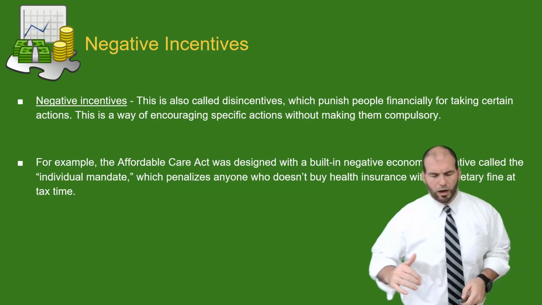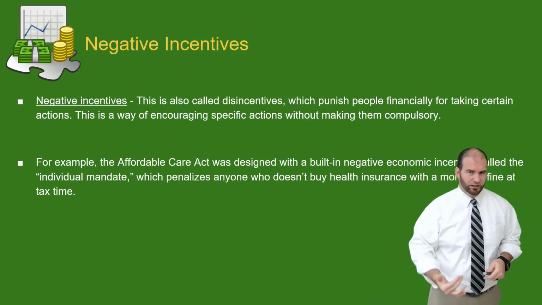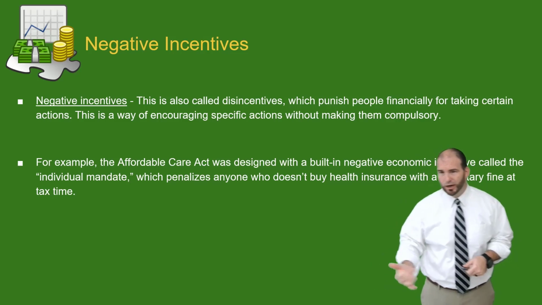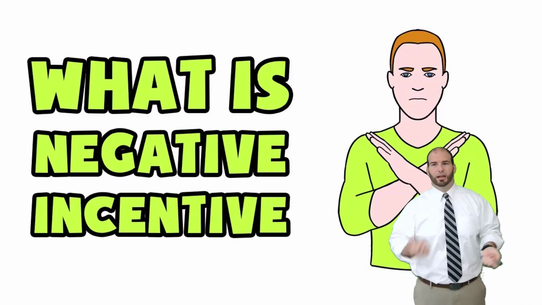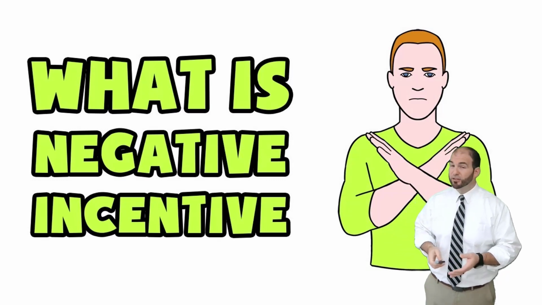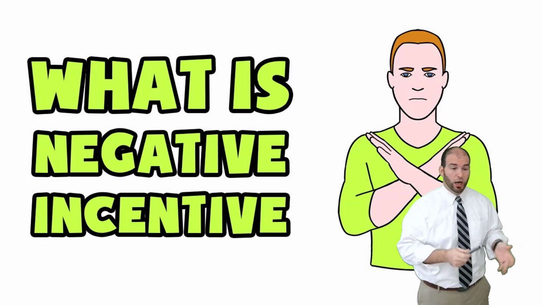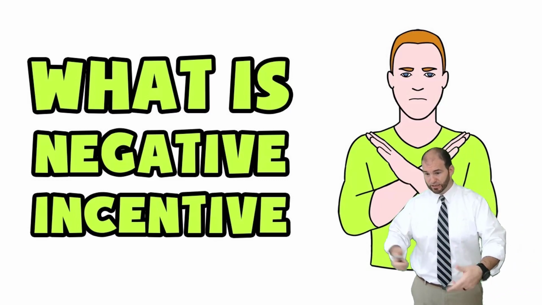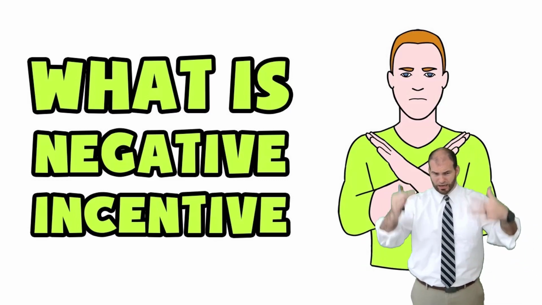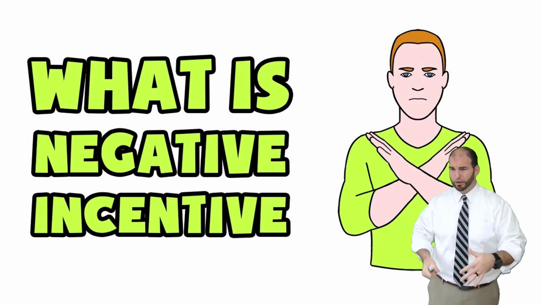So while the vast majority of incentives are positive, there are some negative incentives. So what is a negative incentive? Well, a negative incentive is designed to stop or prevent a behavior. Just like a positive incentive is to try to encourage a behavior, a negative incentive is trying to stop it.